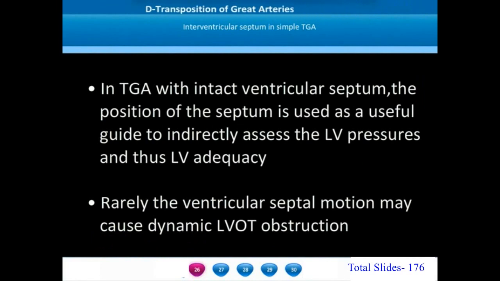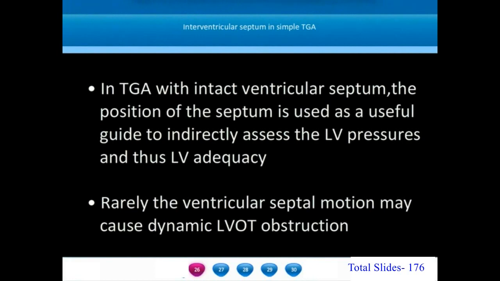Simple transposition of great arteries is defined as TGA with either intact ventricular septum or very tiny ventricular septal defects. In transposition with intact ventricular septum, the position of the interventricular septum is a useful indicator of the left ventricular systolic pressure.